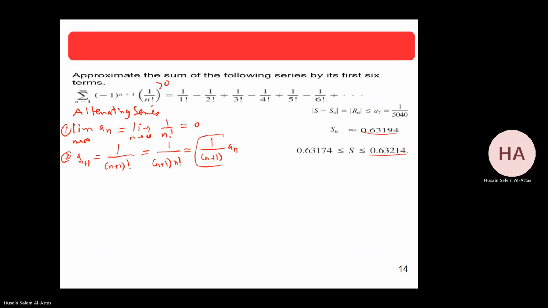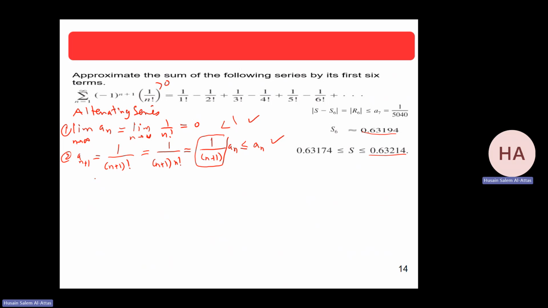This one will make it less than or equal to a_n. So this will be less than 1. No need for less than or equal, but it's okay. So the second condition is satisfied.